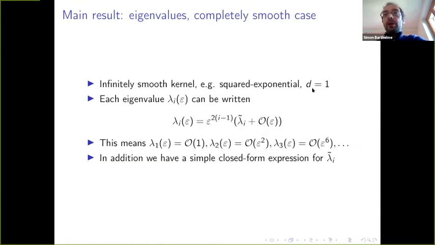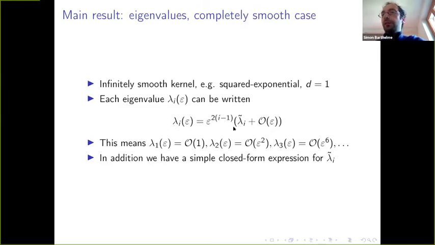So this is d equals 1, so we're on the line, and the result says eigenvalues of Gaussian kernels, for example, so infinitely smooth kernels, each eigenvalue can be written as follows. It's epsilon to the power of 2i minus 1. I've sorted my eigenvalues from largest to smallest. So this is how fast it goes to 0.